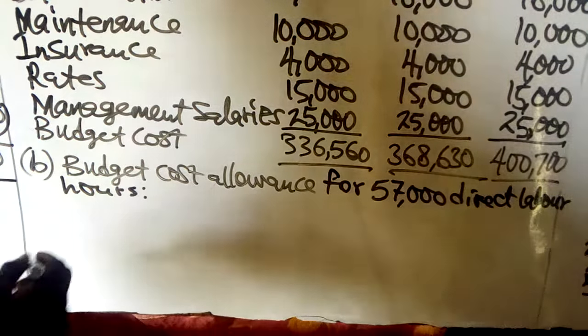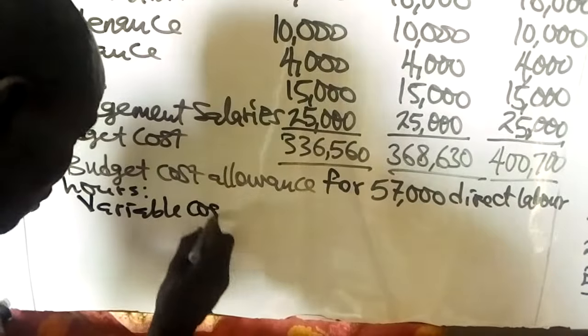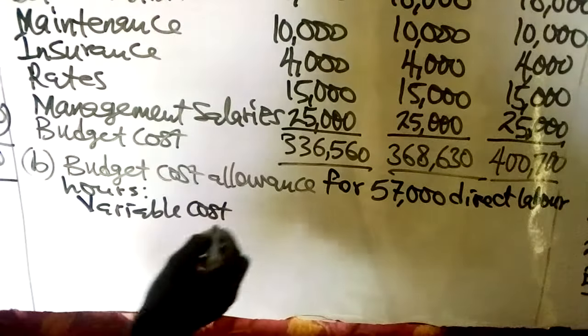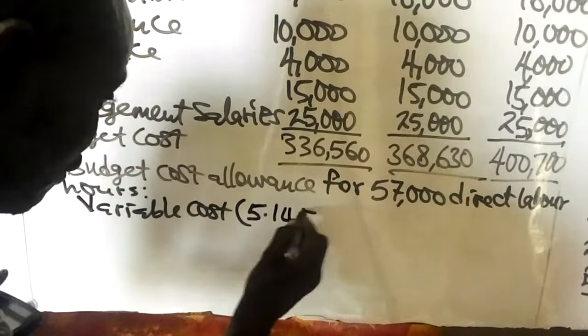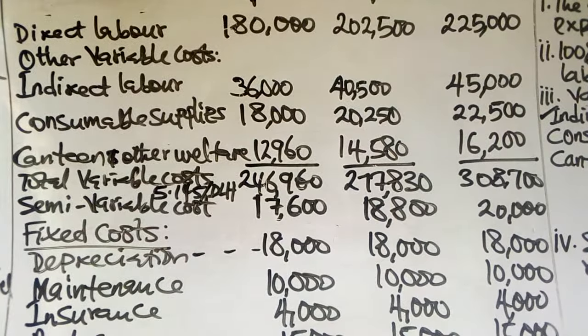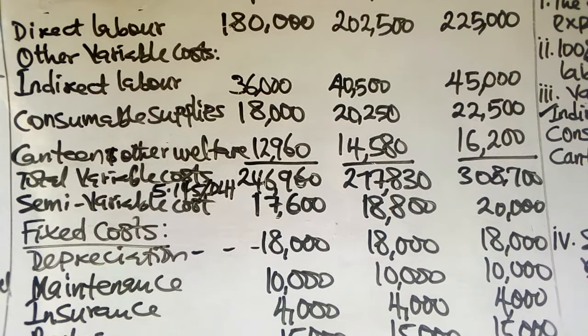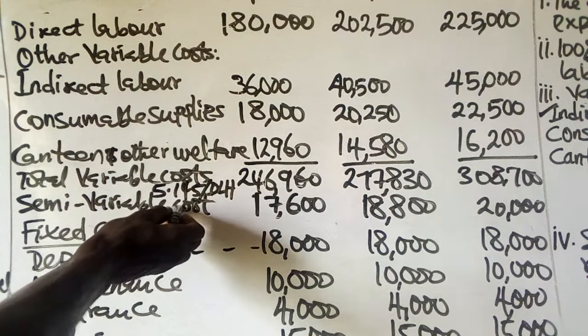So now, we are going to have the variable cost. Our variable cost, as calculated above, is 5.145.